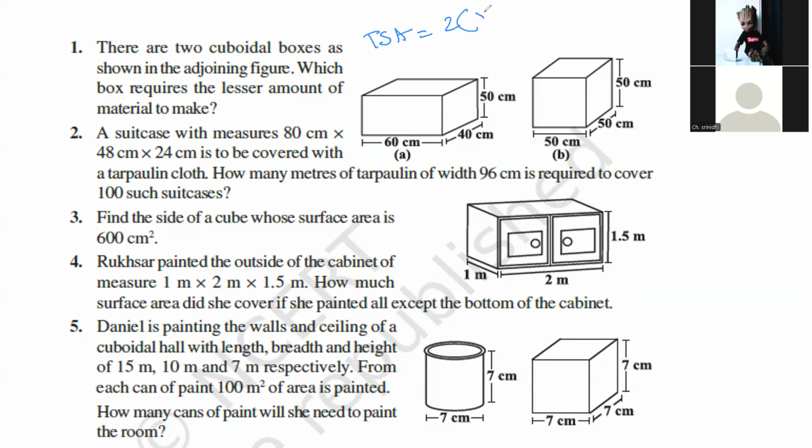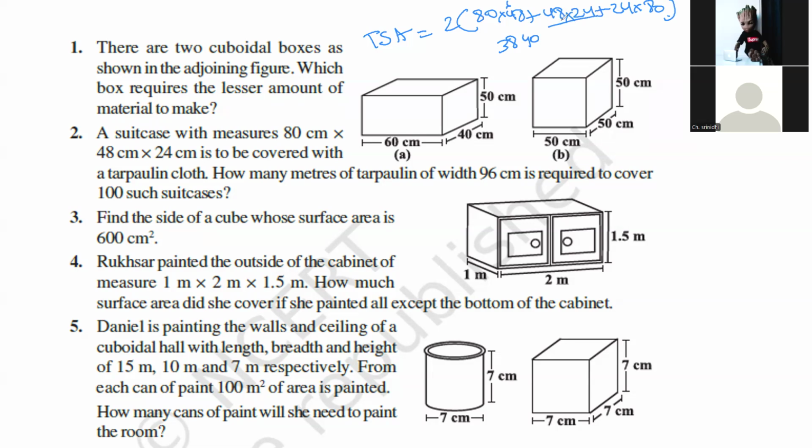That means 80 into 48 plus 48 into 24 plus 24 into 80. Right? So 80 into 48 is 3840. Now 48 into 24. Anybody got this answer? 48 into 24.